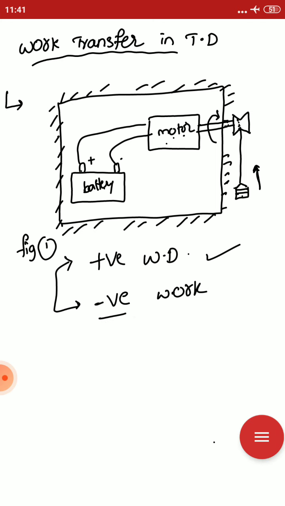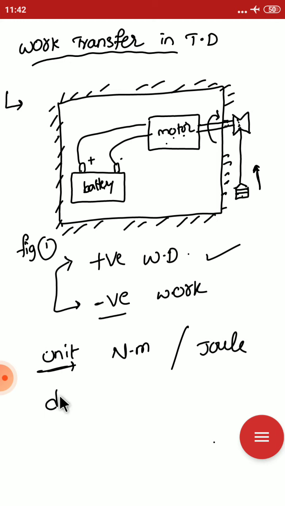The unit of work is the Newton meter or joule. The rate at which work is done by or upon a system is known as power.